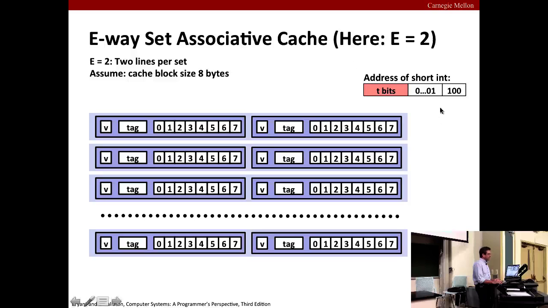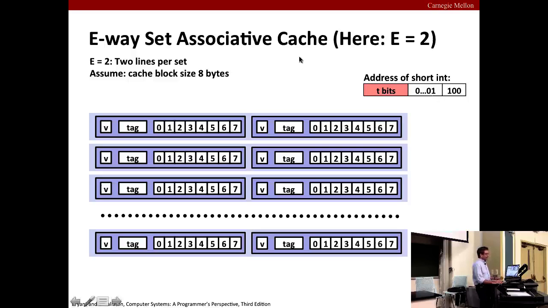So let's suppose we have a two-way associative cache. Here we have our array of sets, and now each set contains 2 lines instead of 1 line. And suppose we're presented with an address with the following form. We're looking for a word that begins at an offset of 4 inside our block, within set number 1.